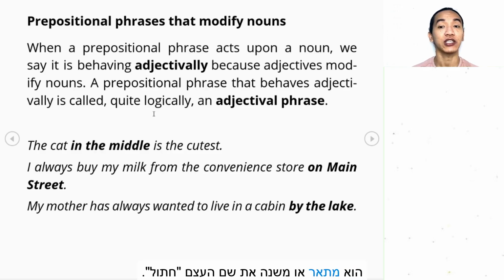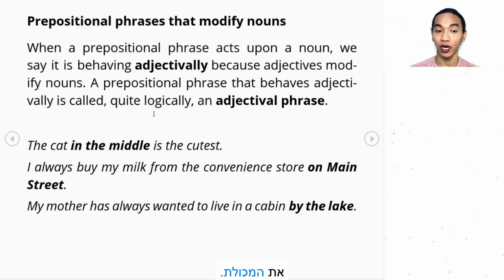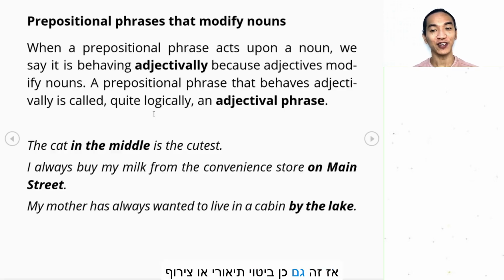It describes or modifies the noun cat. Next one: I always buy my milk from the convenience store on Main Street. So here on Main Street describes the convenience store. Okay, so that is also a prepositional phrase acting as an adjectival phrase.